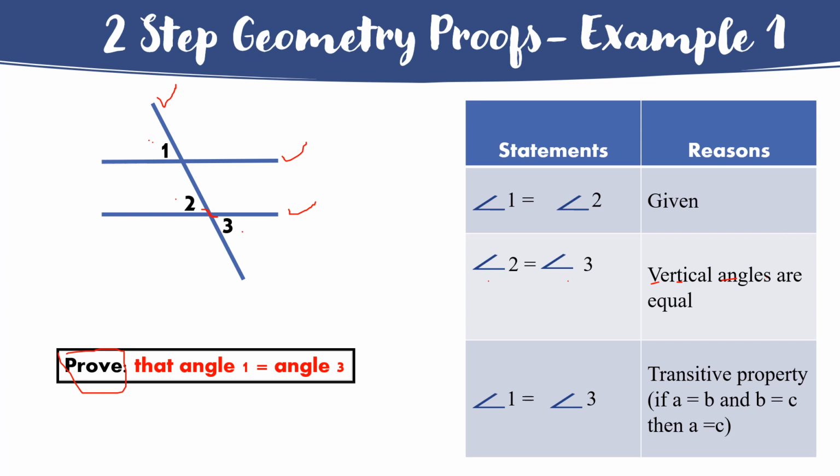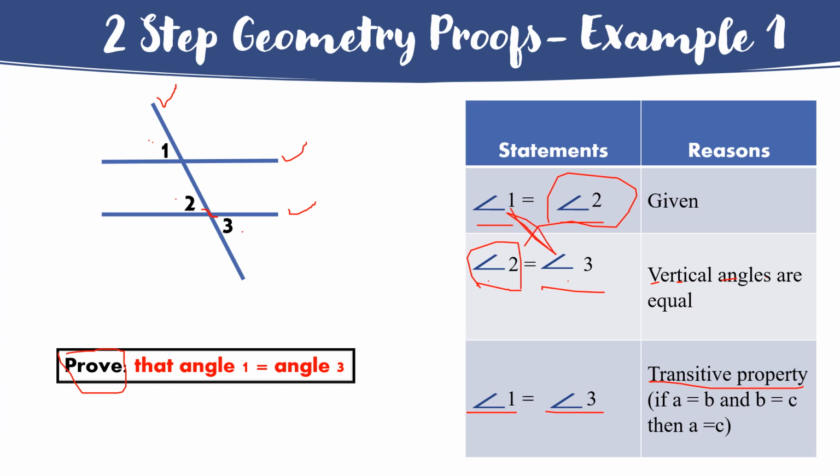So if angle 1 equals angle 2 and angle 2 equals angle 3, because of this property, we know that angle 1 equals angle 3, and it's because angle 1 and 3 are both equal to angle 2, which means they are also equal to each other.